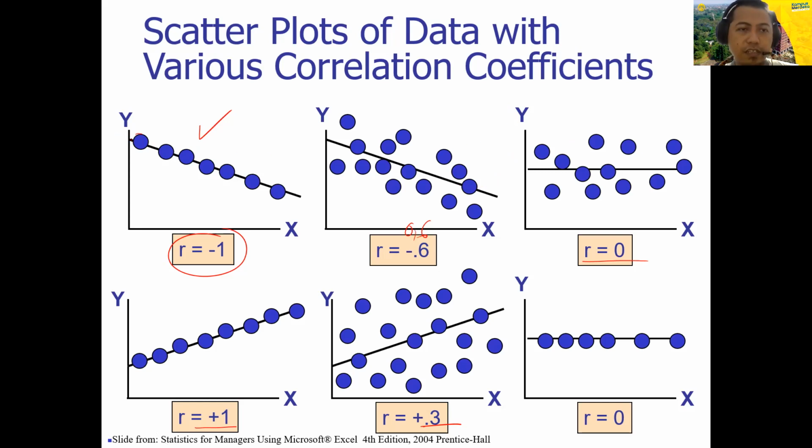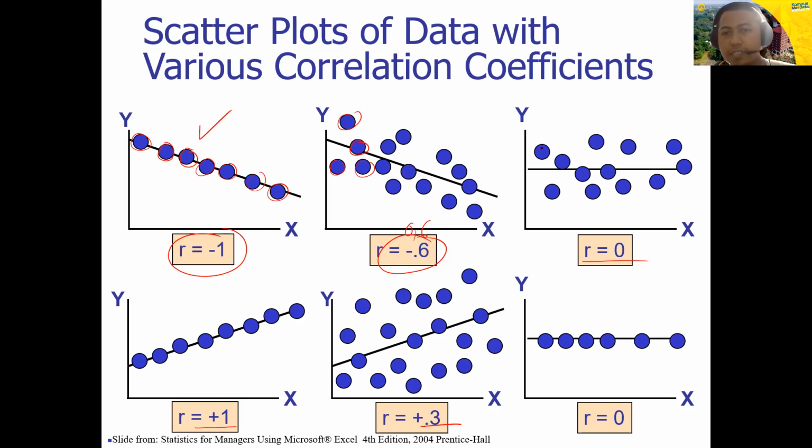You can see the data is precisely located on the line. Compared to this one, the data is a bit stretched relative to the line, resulting in the correlation decreasing, less than -1 in magnitude, but still correlated.